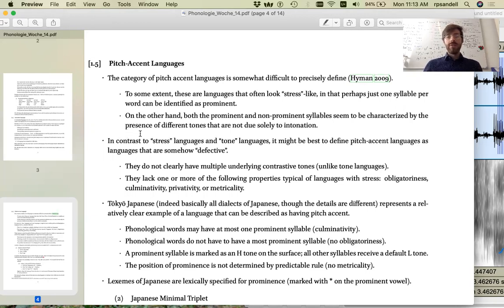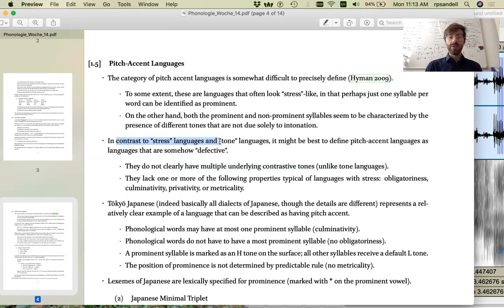But in contrast to the stress languages and tone languages, it might be easiest or perhaps safest to define pitch accent languages as languages that are somehow defective. That is, languages that don't clearly have multiple underlying contrastive tones, unlike tonal languages, which need to have lexical contrasts in tone.